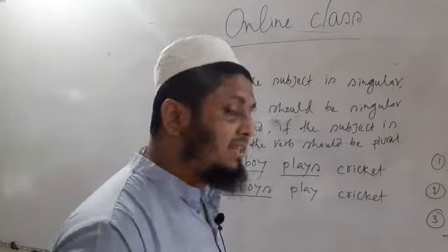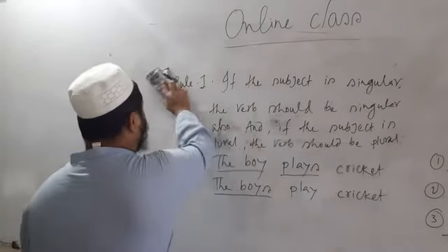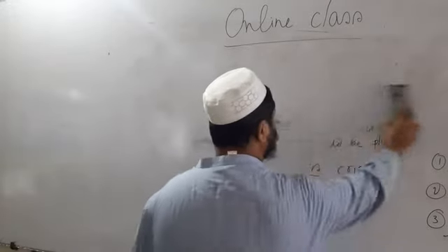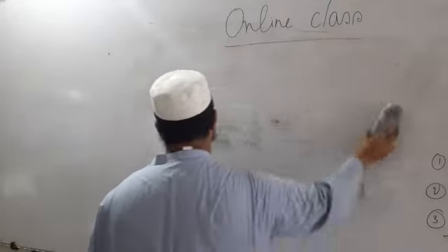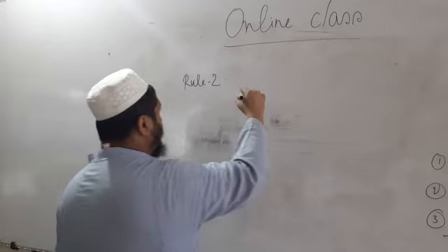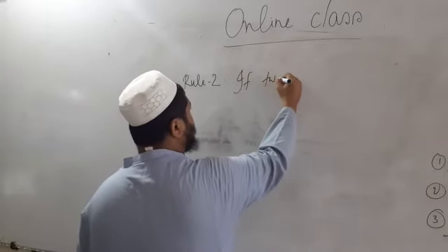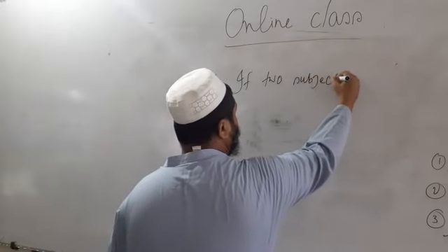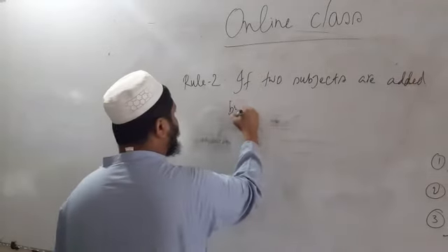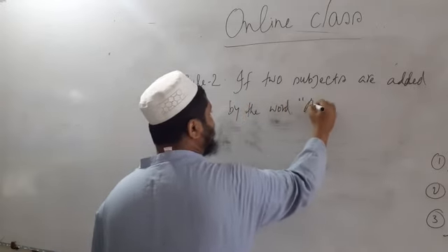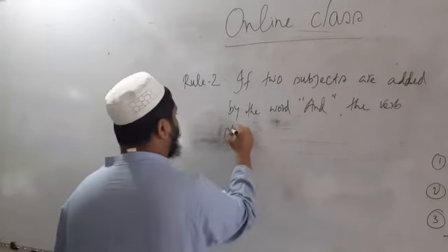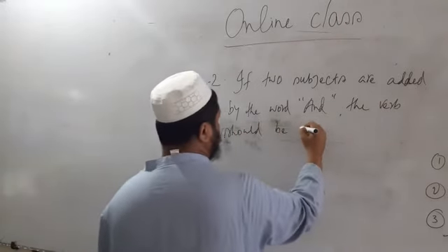Okay students, let's write the next rule. If two subjects are added by the word and, the verb should be plural.